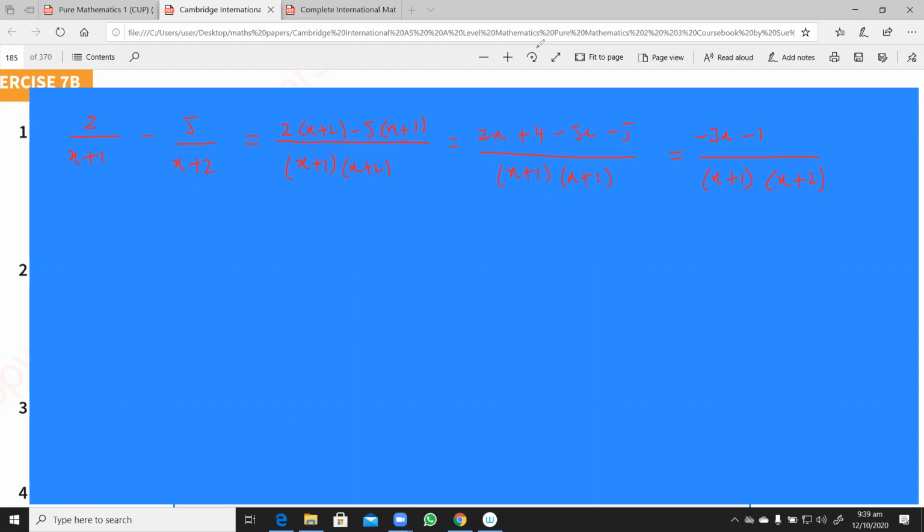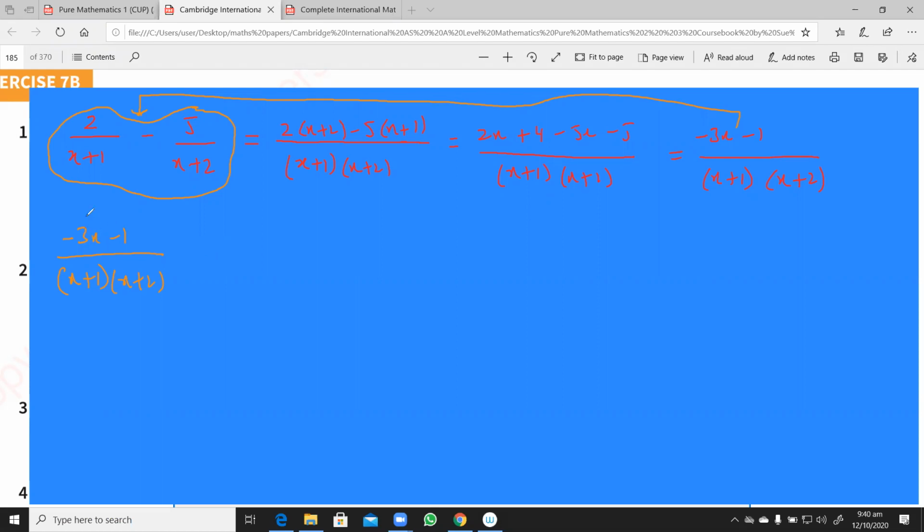Now, the question is that you have been given minus 3x minus 1 over x plus 1 into x plus 2, and you are required to split this into its partial fractions. Like we want to go back to this thing over here. We want to know what are these partial fractions? What were those fractions which were summed up to get this one fraction? Okay, so now let's learn how to do that.